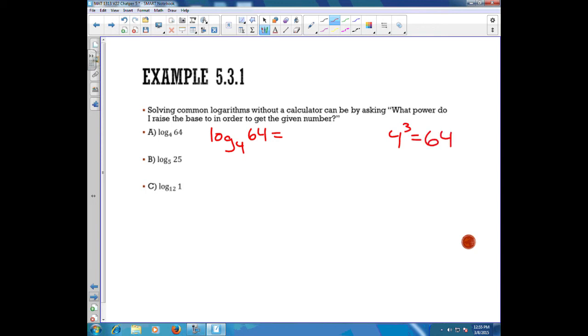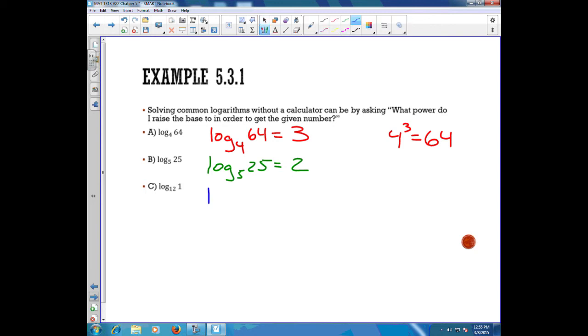So the answer is 3. Similarly, log base 5 of 25 says what power do we raise 5 to get 25? Well, 5 squared is 25, and so the answer is just 2.